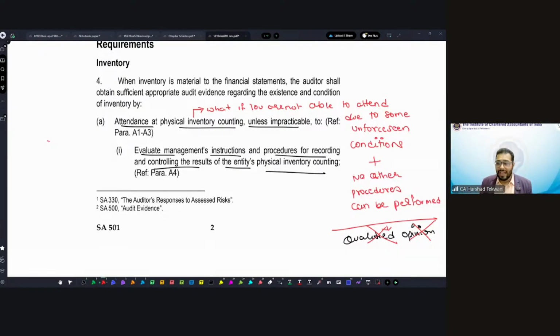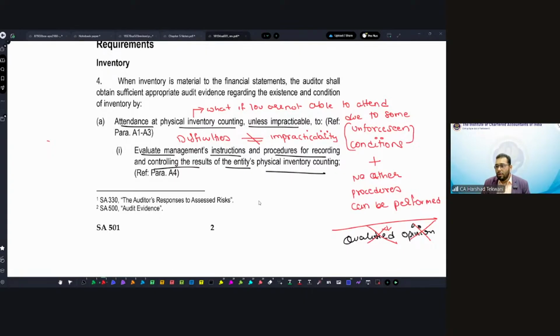SA 200 specifically addresses an unforeseen condition, or what you call difficulties. Difficulties are not equal to impracticability. Sir, my question is that plus no other procedure can be performed, which means when the auditor is unable to do that, he can use the other auditor, right? That also fails.